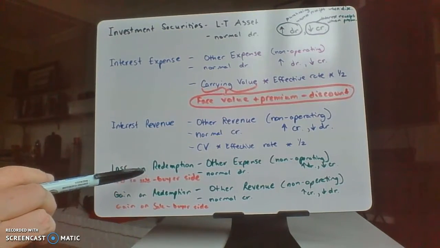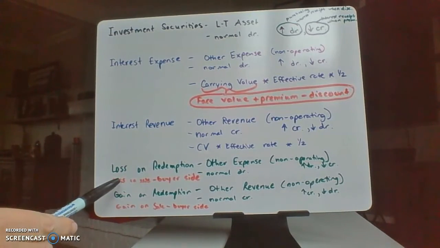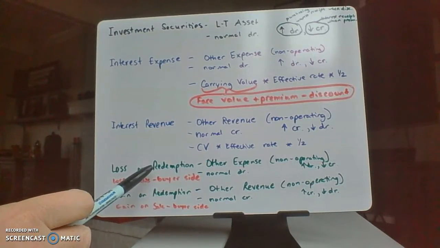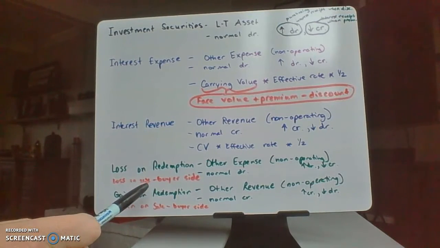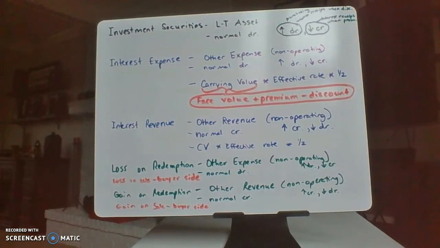Then I just kind of threw these together. So when the bonds get redeemed, the green part, it's another expense, non-operating again. And if I'm selling the bond, so the buyer side of it, rather than the issuer, at that point I have a loss on sale.